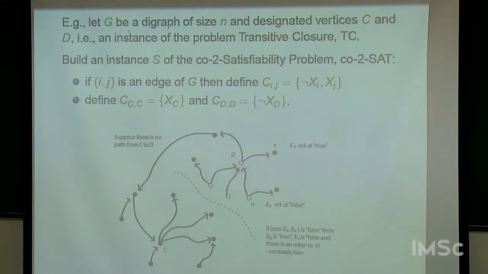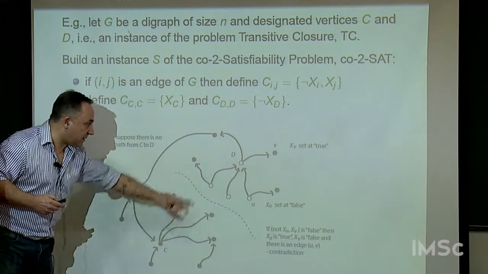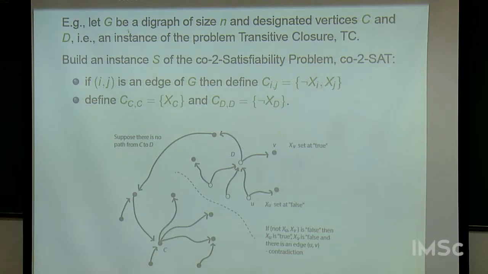Let's do a quick check to make sure that this rough and ready description of a translation does indeed take yes to yes and no to no. Suppose that there isn't a path from C to D in my source digraph.